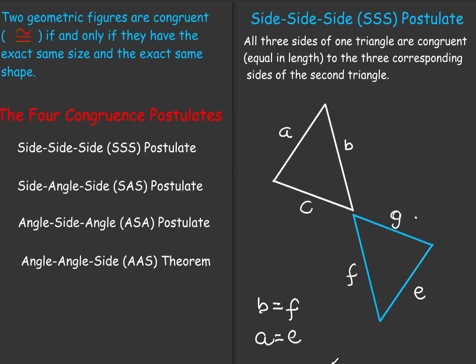E. And finally, if C corresponds to J, then the measure of C should be equal to what? J. If you are able to prove this, or show that the corresponding sides are equal, then we can say the triangles we have are congruent.